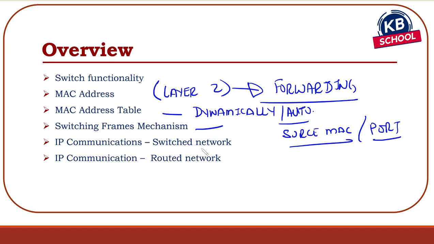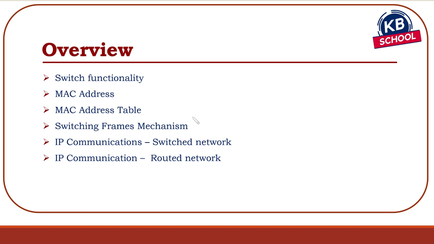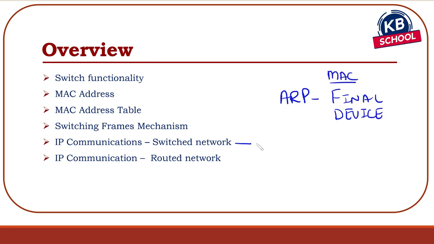We also took a look at how IP communication works in a switched environment. Just to recap, in a switched environment, that means within the network, my ARP, my layer 2 will be the MAC address for the final destination, the final device. And for a routed network, when I do an ARP, I will always do an ARP for what?